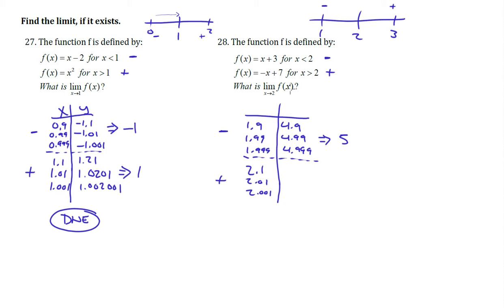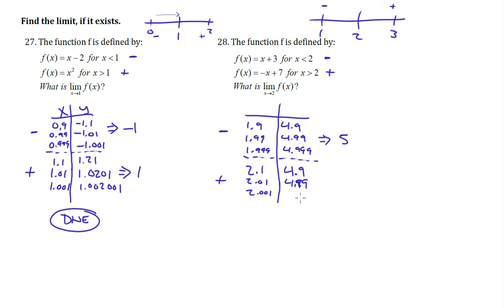Negative 2.1 plus 7 is 4.9, right? And then negative 2.01 plus 7 is 4.99, right?